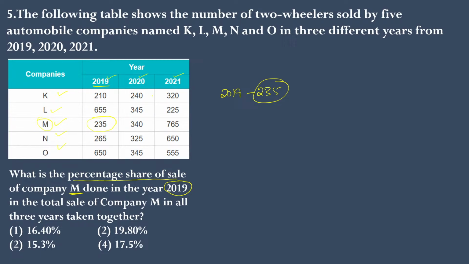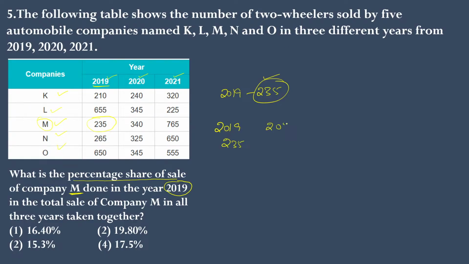So see that 235 is what percentage of the company's sales in all the 3 years, that is 2019 plus 2020 plus 2021. In 2019, 235 is there.